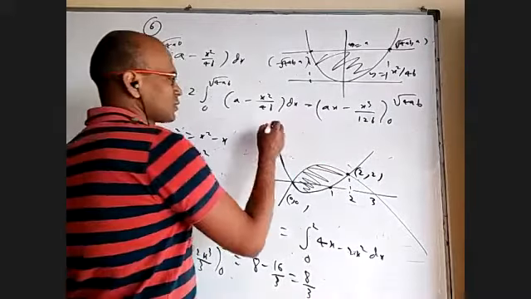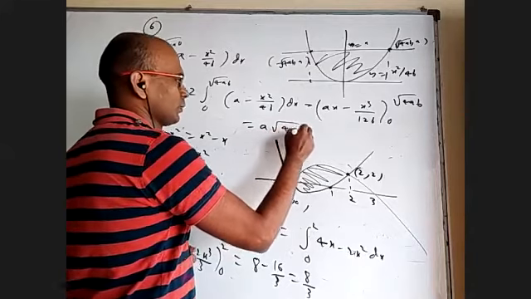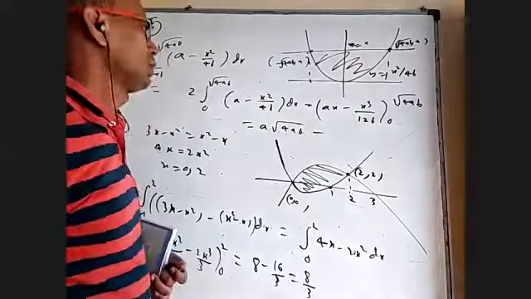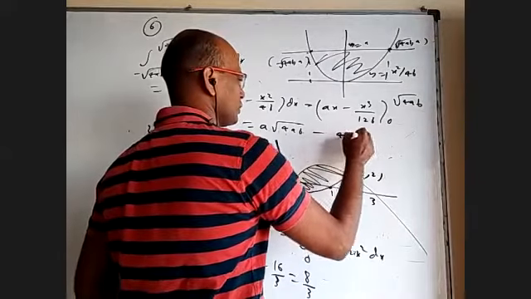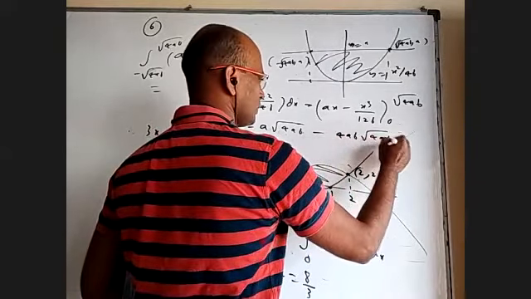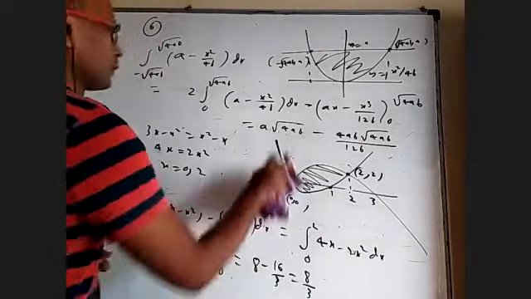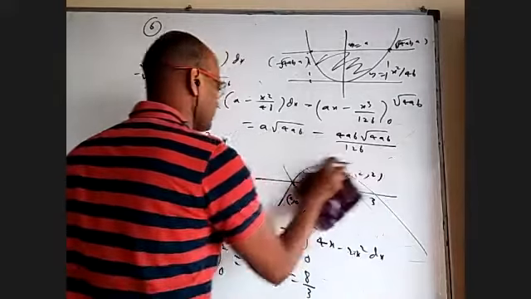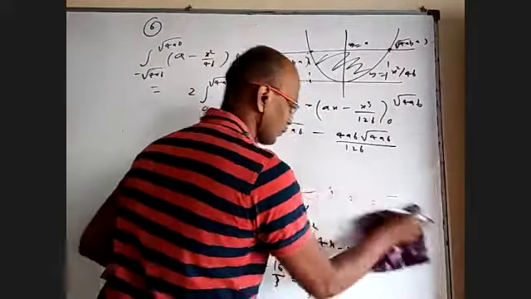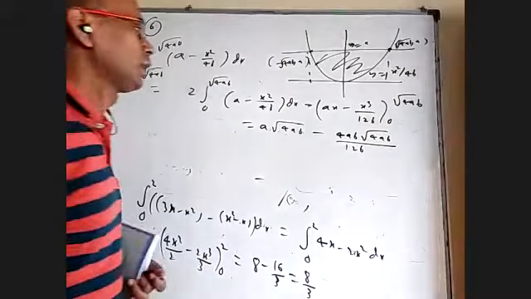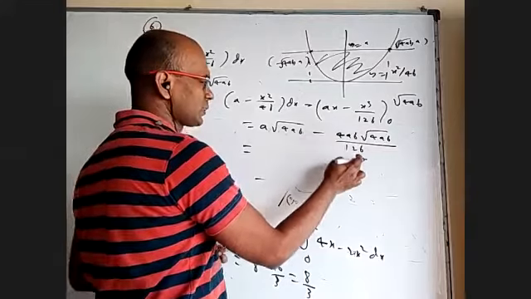When you put 0, anything is 0. When you put root 4ab, it is a into root 4ab minus x cube is 4ab into root 4ab by 12b. Okay, so I'm sure you can cancel one b here.